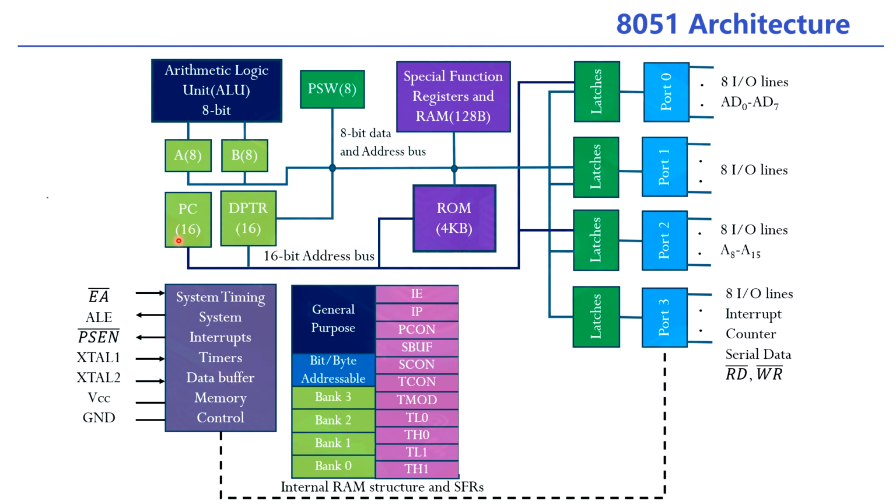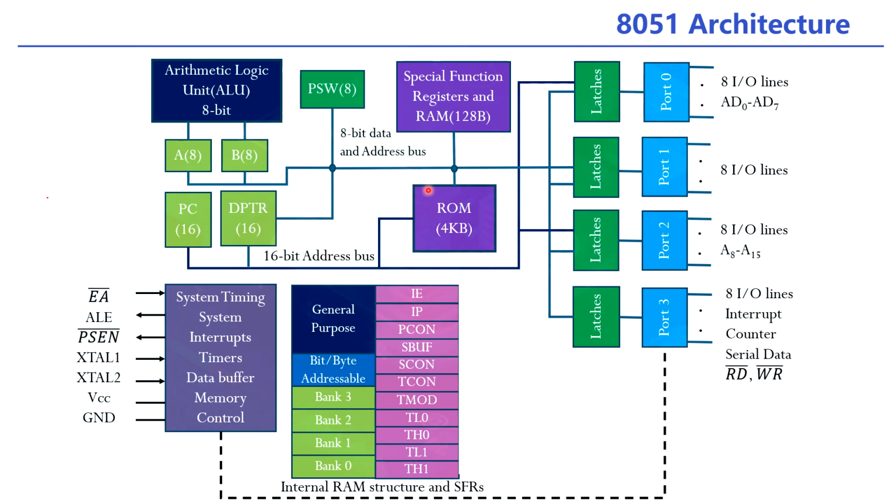Why? Because the 8051 supports 16 address lines. 16 address lines means it can address 64 kilobytes of memory, so that's where the memory capability is 64 kilobytes. That means 16 address lines are required to access the program memory, though internally it has only 4 KB.